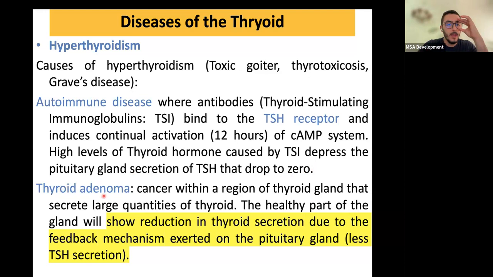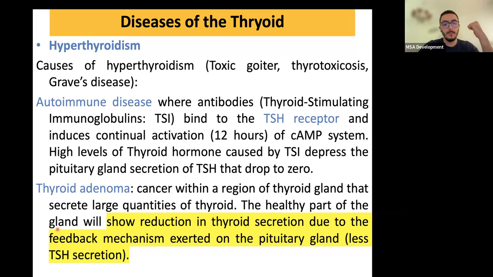Thyroid adenoma is another cause of hyperthyroidism, or basically cancer in the thyroid gland. So cancer in the thyroid gland will secrete large quantities of thyroid hormone, carrying out the same effect as the autoimmune disease, Graves' disease. Those large quantities of thyroid hormone will inhibit TSH. However, the cancer will still be secreting thyroid hormone more and more.